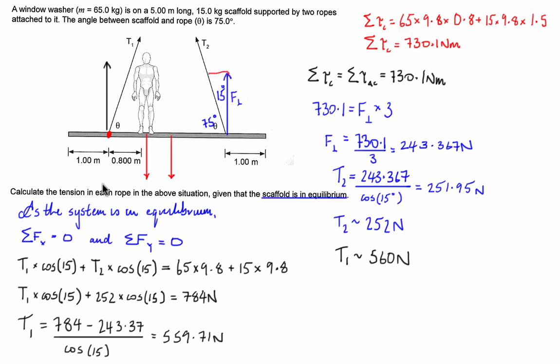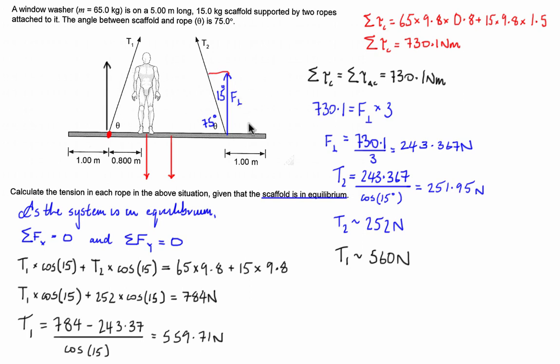From there, guys, what I then sort of identified is that this scaffold is not falling out of the sky. The guy is being held up there by the tension in both ropes. So the force that is created by his mass and the mass of the scaffold, there must be an equal and opposite force created by the tensions in the two ropes in the vertical direction.